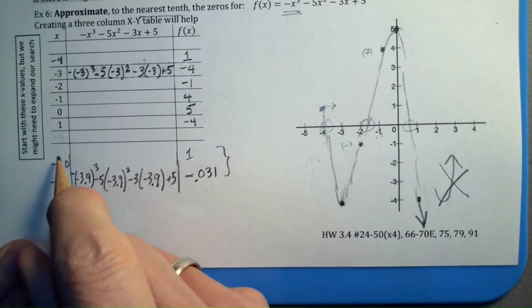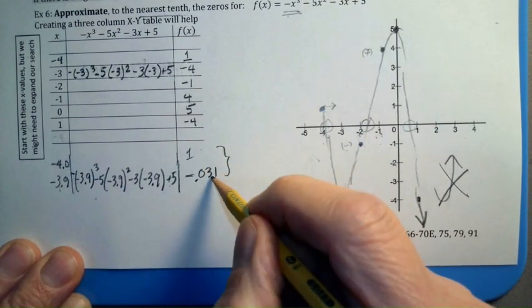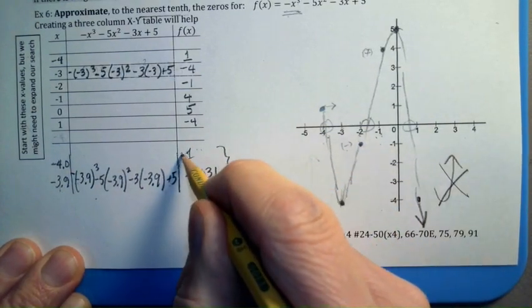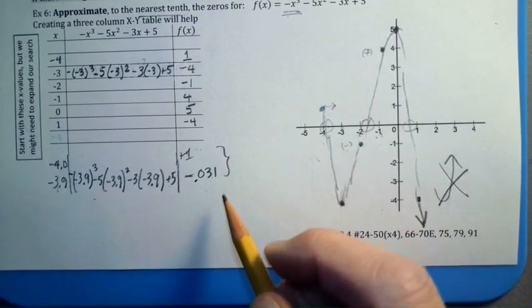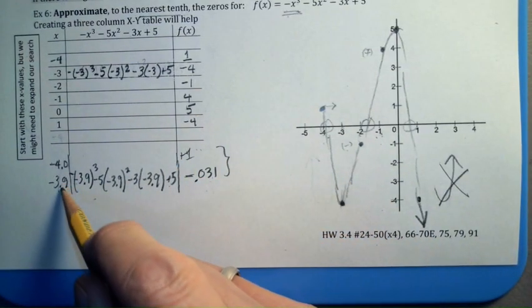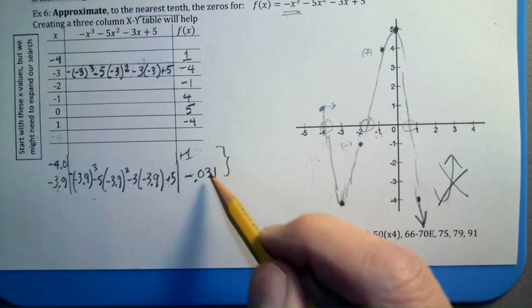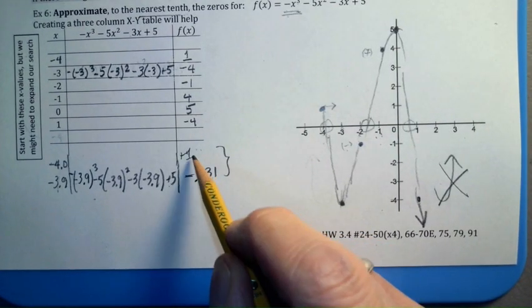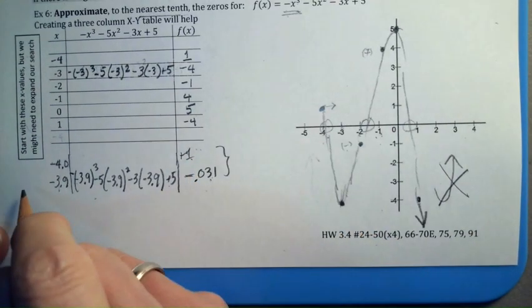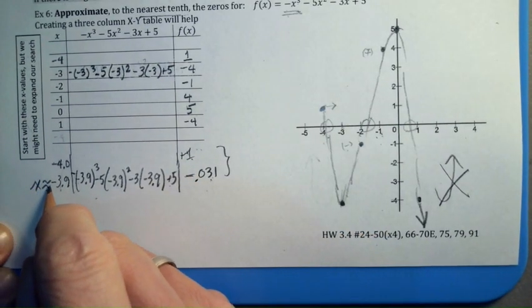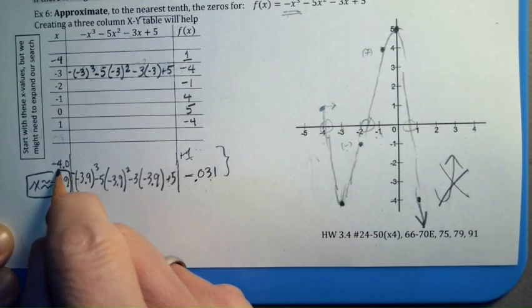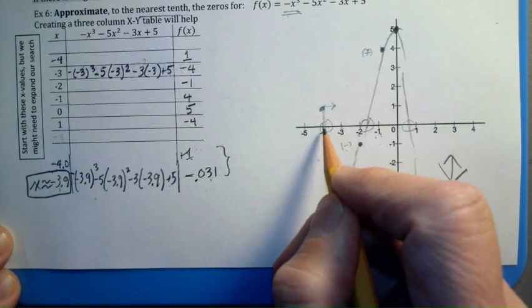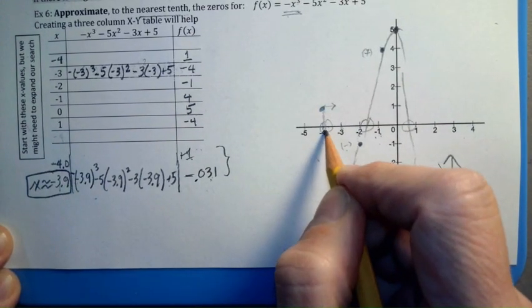Between these two x values, we crossed over from positive 1 to negative 0.031. Now, we'll pick whichever one of these has a y value closest to 0. Clearly, this one is closer to 0 than positive 1. And so we'll say x is approximately equal to negative 3.9. We approximated our first real 0.